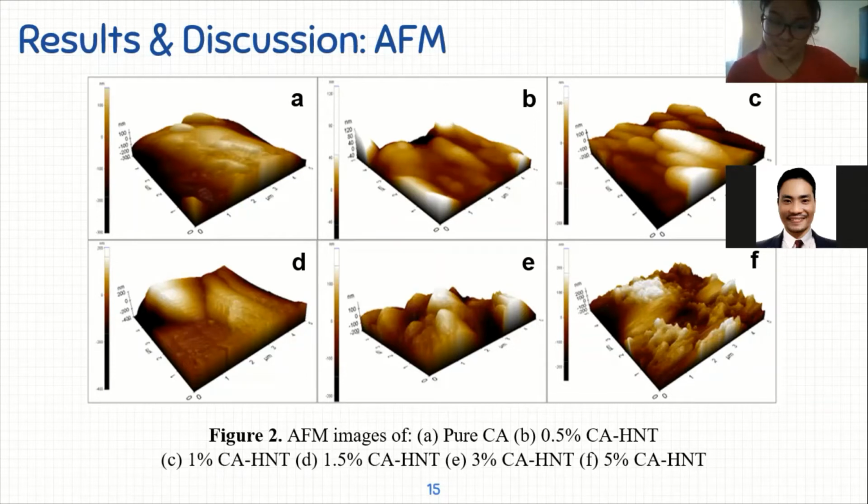But if you look closely, the peaks and valleys of sample D are actually rougher than the peaks and valleys of sample B. Samples E and F, which have 3% and 5%, both manifested an increase of peaks and valleys in terms of their frequency, their number, as well as the texture of each peak and valley. When you look closely at samples E and F, each peak and each valley contains even tinier peaks and valleys.